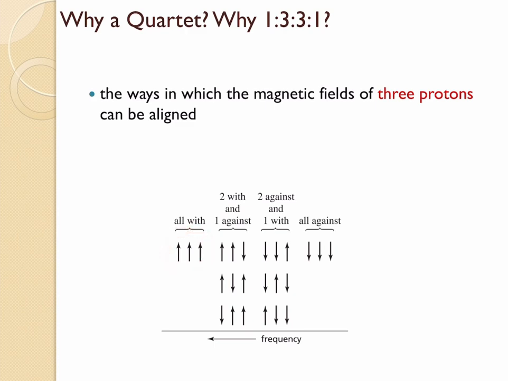And similarly, when you want all the magnetic moments to be aligned against the field, then there is again only one possibility. But when you want to align 2 of them with the field and 1 against the field, then there are 3 possibilities. And similarly, 2 against the field and 1 with the field, there are again 3 possibilities. So, therefore, the signal is going to be split in the ratio 1:3:3:1.